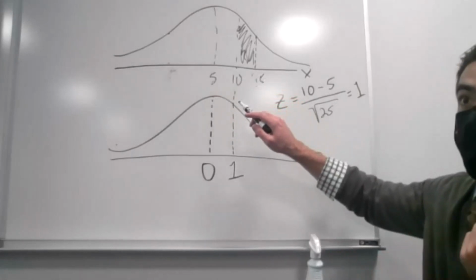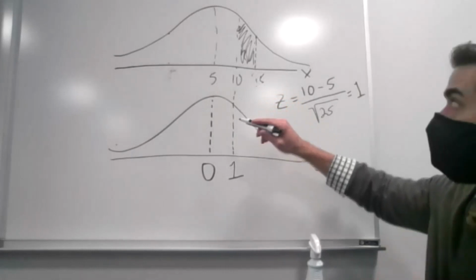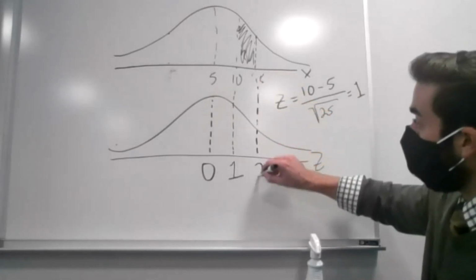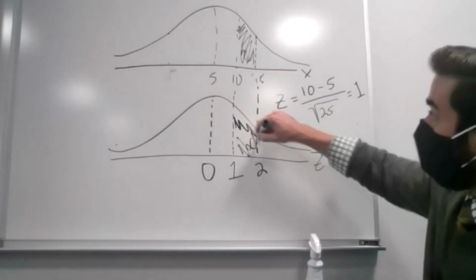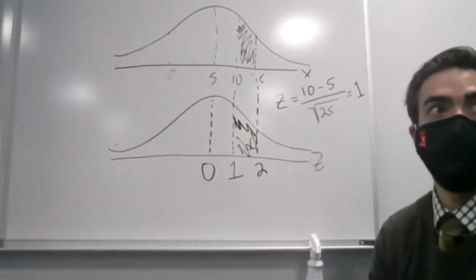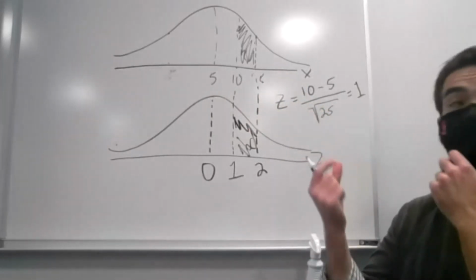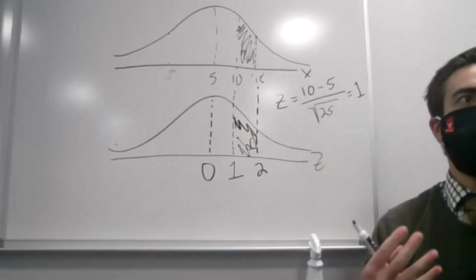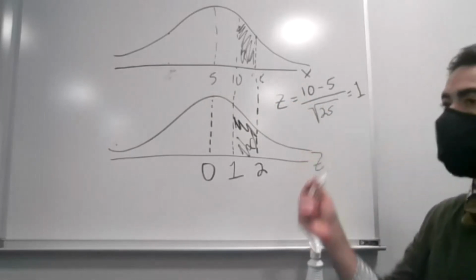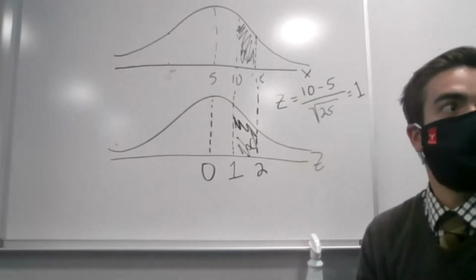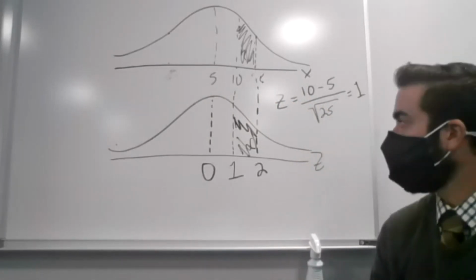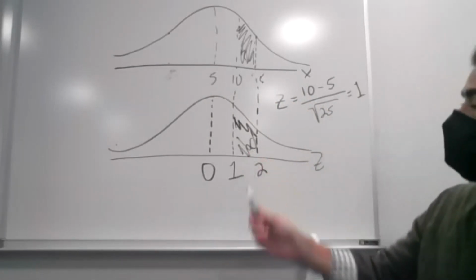How many standard deviations away from the mean is it? 2. Now I could plug it into my formula and find that z-score of 2 as well, just like I did up here for the value of 10. But with these nice easy numbers and remembering the definition of a z-score, it's pretty easy to see here that the value of 15 would have a z-score of 2. Okay? So this is the area that I want.